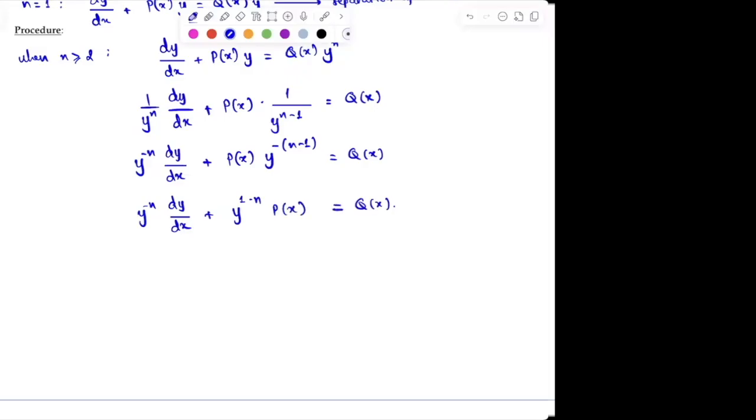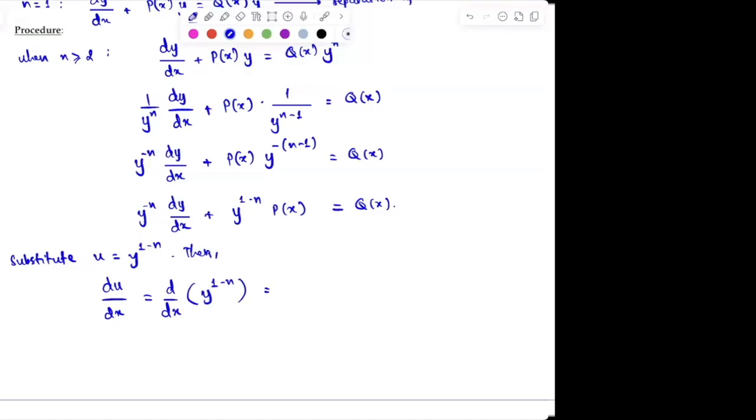Okay. Now, after this manipulation, what you do is substitute u equals y to the power 1 minus n. And then you can derive du/dx. Then du/dx is equal to d/dx of y to the power 1 minus n.